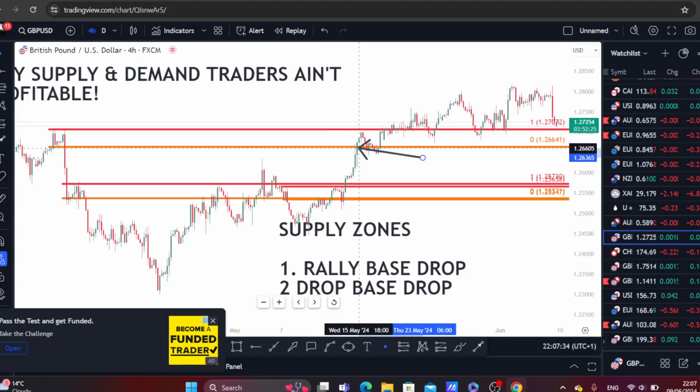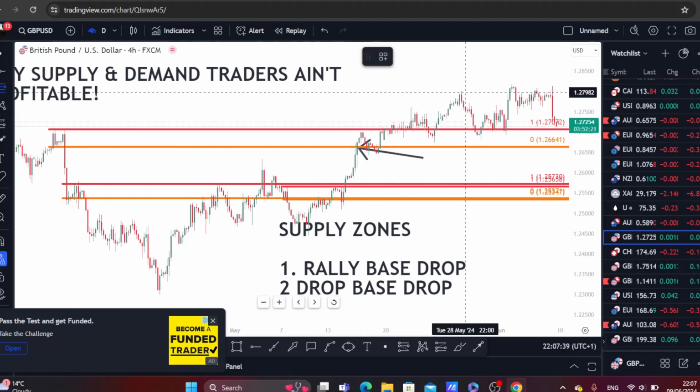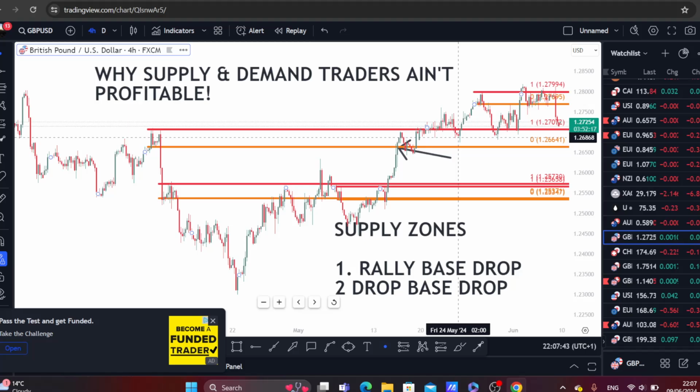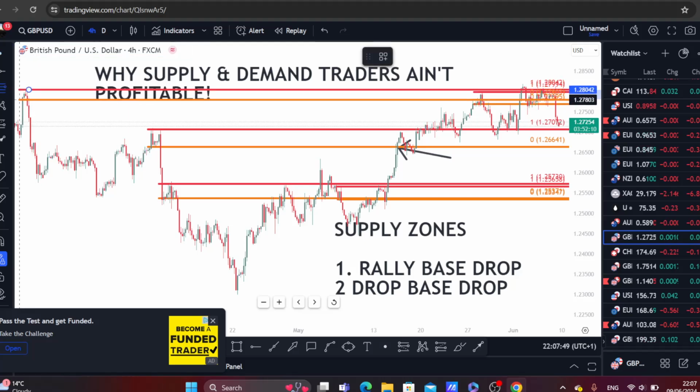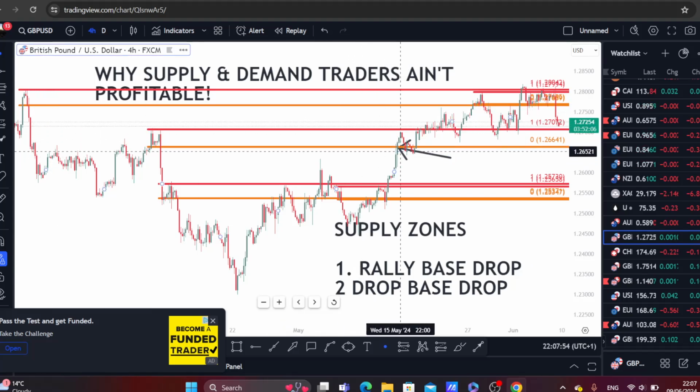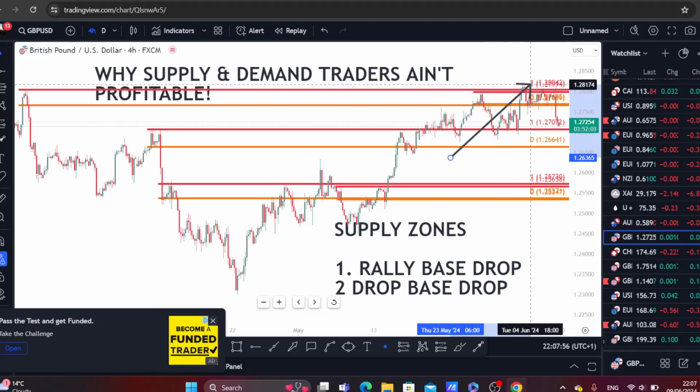Okay, so there's another supply zone right here. Also, that did not work. And we also have that supply zone right there at the top. Also, that did not work. Why? Because you were taken out.